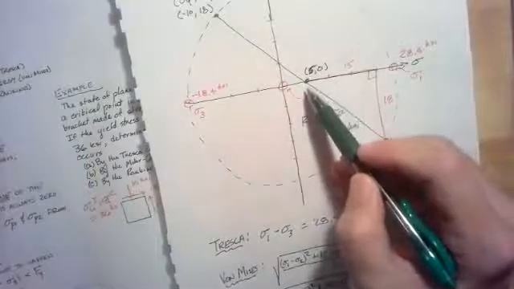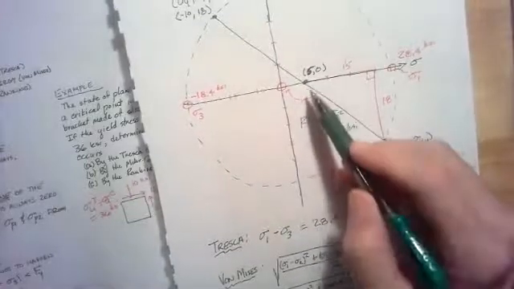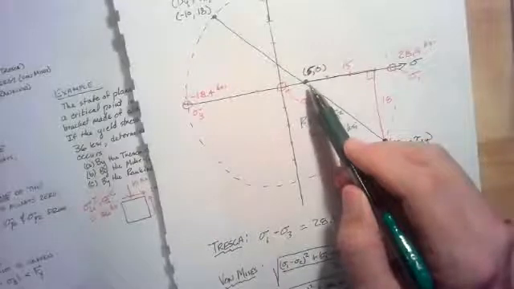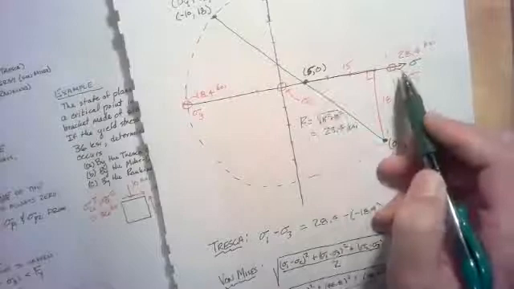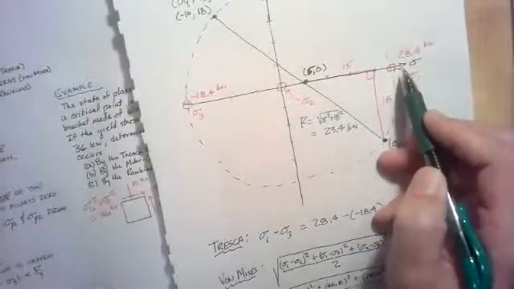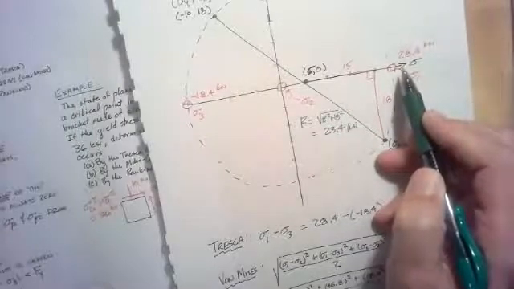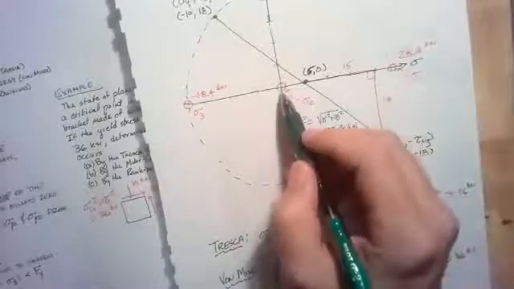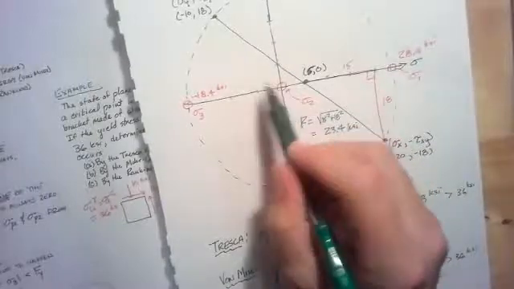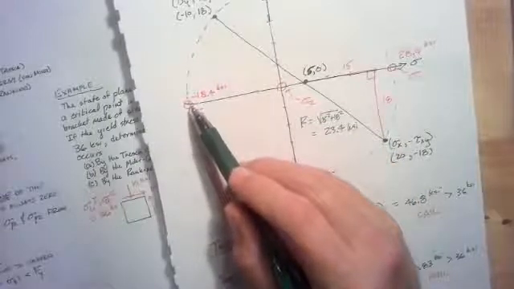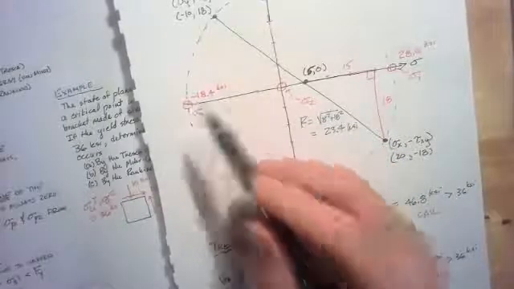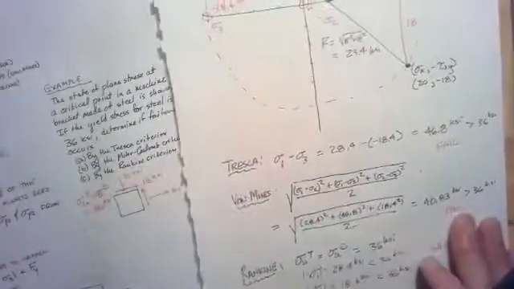So I can get my principal stresses for the state of plane stress by adding the radius and subtracting the radius from the average stress. So that gives me sigma 1, the most tensile, of 28.4 KSI, sigma 2 as 0, and sigma 3 as negative 18.4 KSI. So I have sigma 1, sigma 2, and sigma 3 identified.